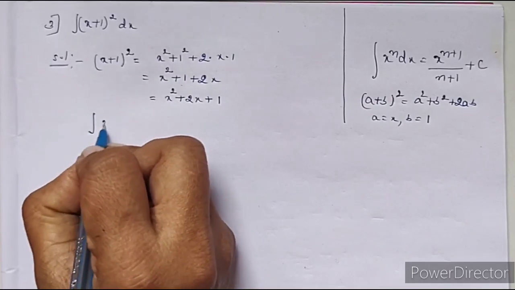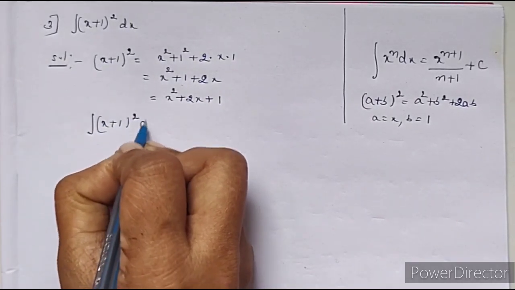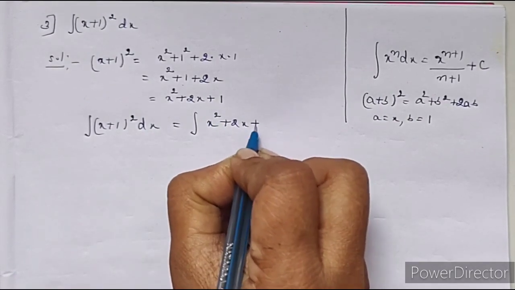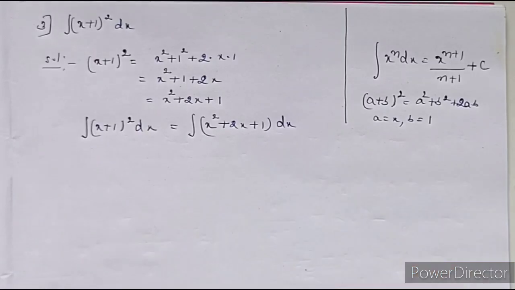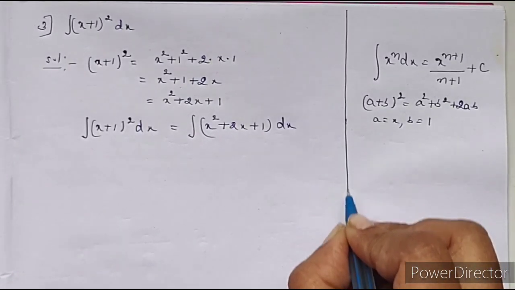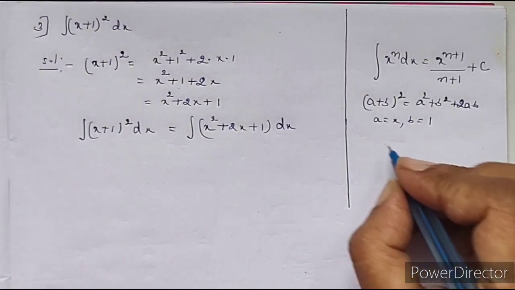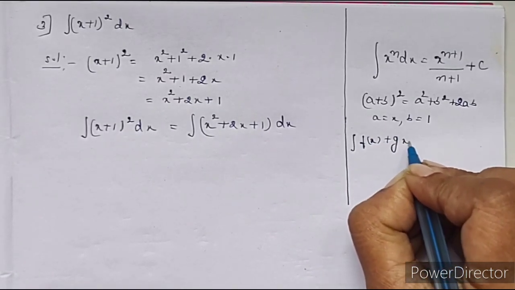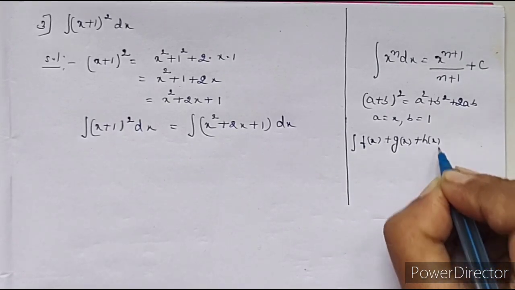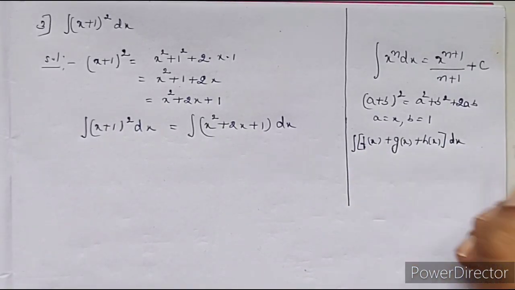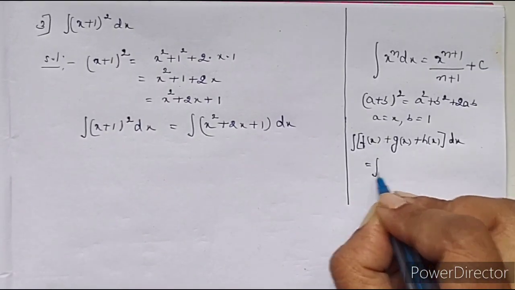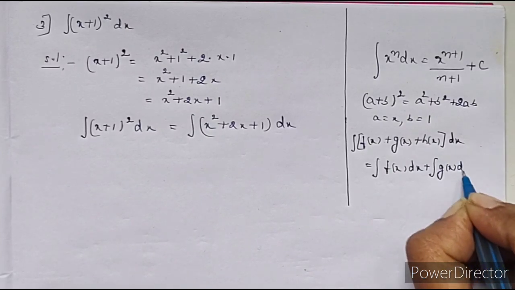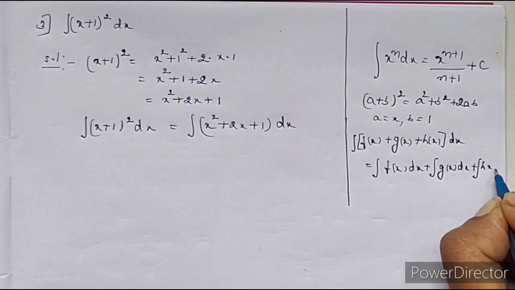Therefore integration of (x plus 1) the whole square dx is nothing but integration of x square plus 2x plus 1 dx. Now here I'll apply the property of integration, that is integration of f of x plus g of x plus h of x, the summation of 3 functions, is the integration of the first function plus the integration of the second function plus the integration of the third function.